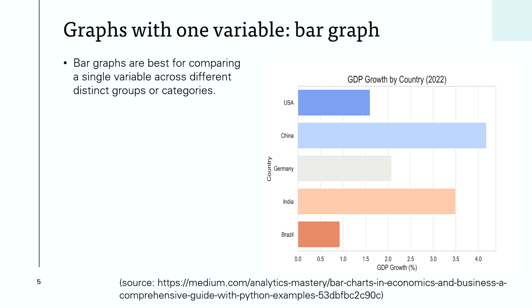Each state would appear as a separate bar, and the height of each bar would indicate each rate. Bar graphs are effective because they make comparison easy. We can quickly identify which category has the highest value, the lowest value, or how large the differences are between categories.